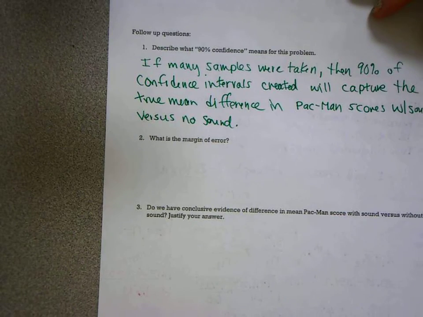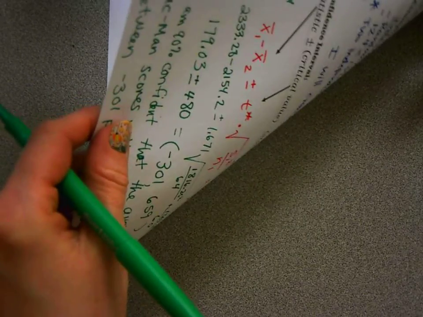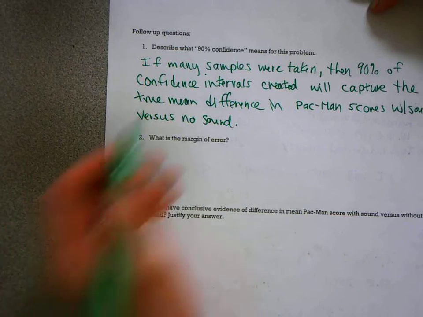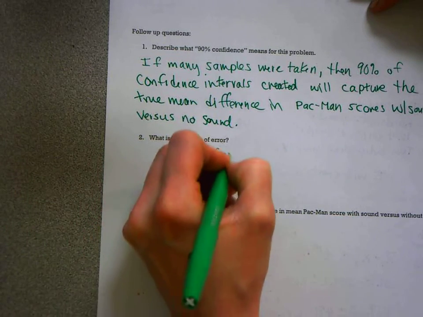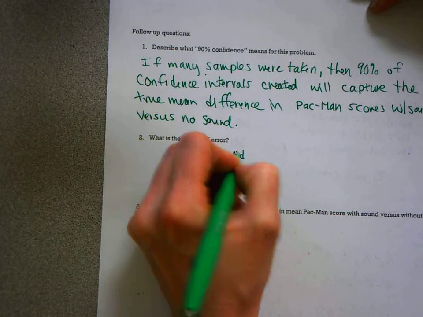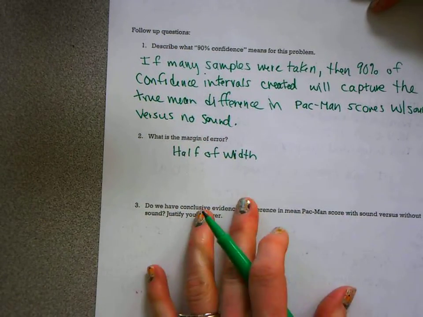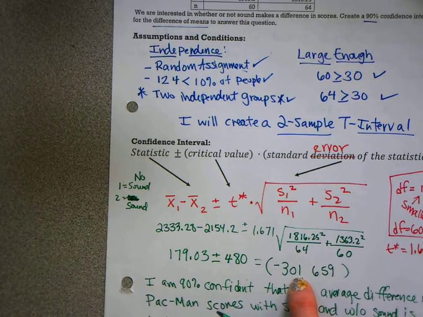Margin of error is just, we already calculated that as the part after the plus or minus, but I also like to remind you that margin of error is half of the width. So the interval spans from negative 301 to positive 659.